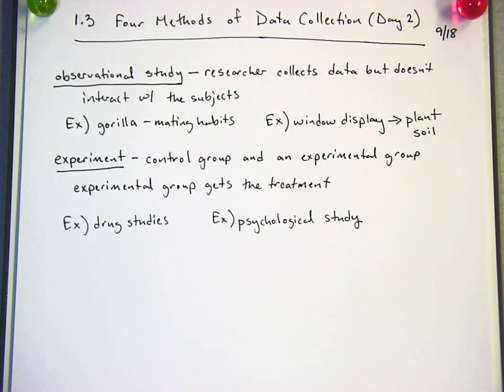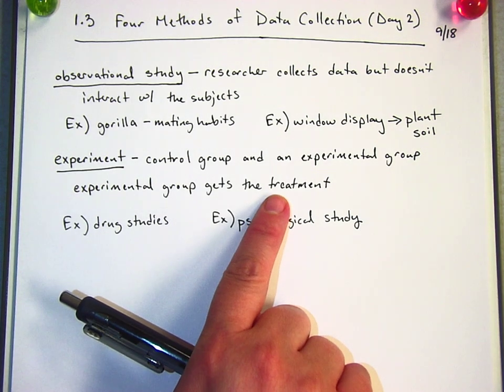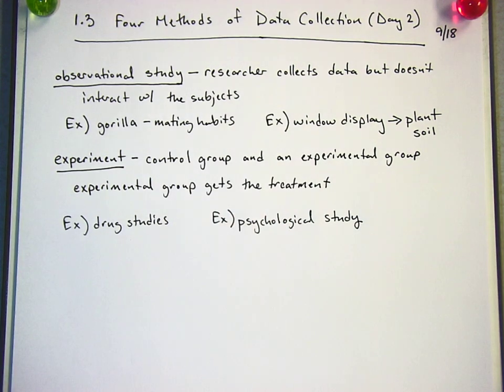You're trying to see if you did some sort of treatment, even like a study group or something for one group, if they would respond to it or not. The other group does not get the study group. Something like that. Experiment is pretty common. Lots of people recognize that and understand that.